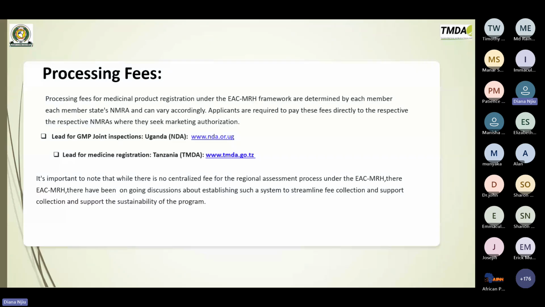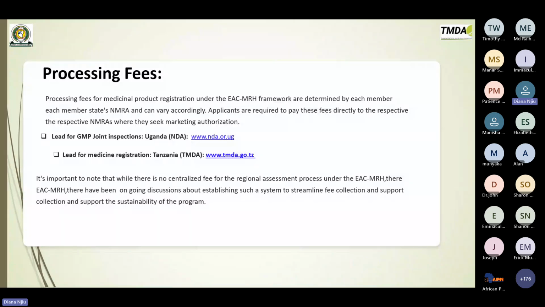When you talk about a centralized fee, it means there is currently no central point for collecting the money. If you want to penetrate 2 or 3 EAC states, where do you pay the lump sum? No, currently we do not have that, and the individual member states are still receiving their respective fees.